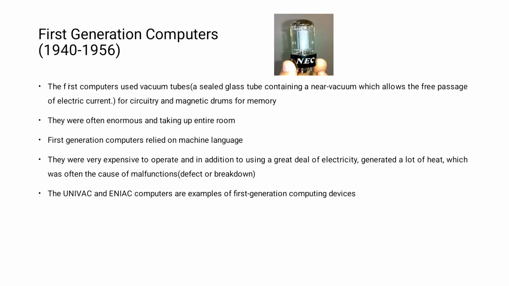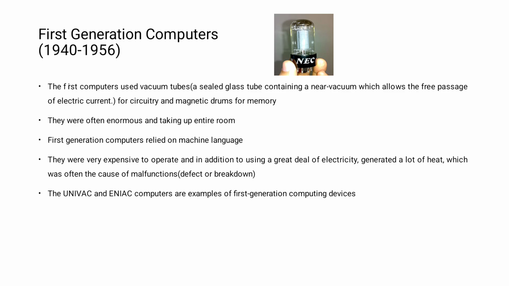First generation computer. From 1940 to 1956, the first computers used vacuum tubes, a sealed glass tube containing a near vacuum which allows the free passage of electric current, for circuitry, and magnetic drums for memory. They were often enormous, taking up an entire room.